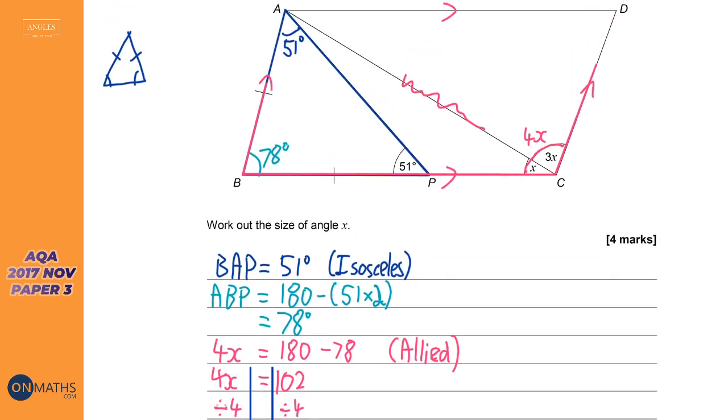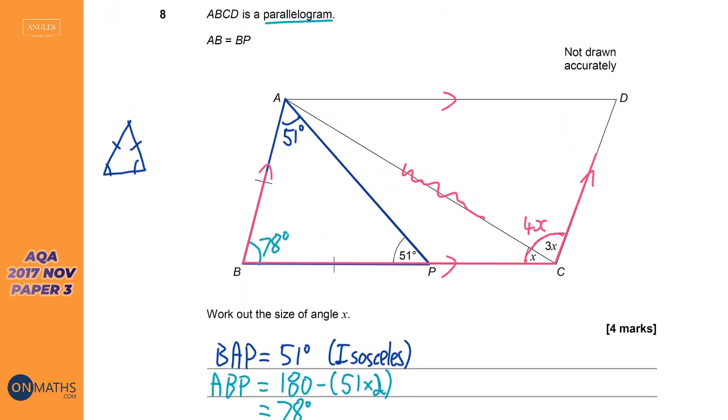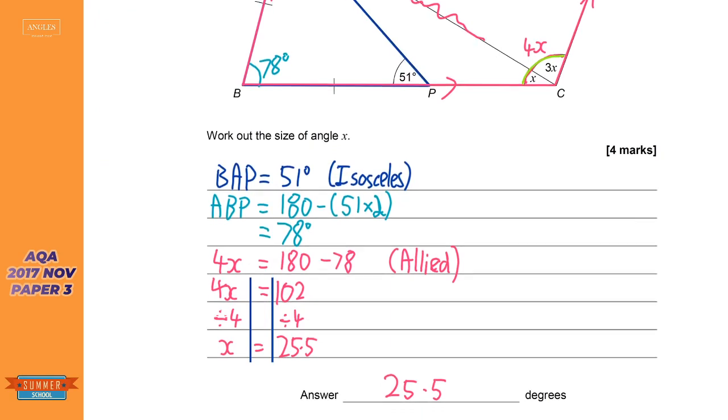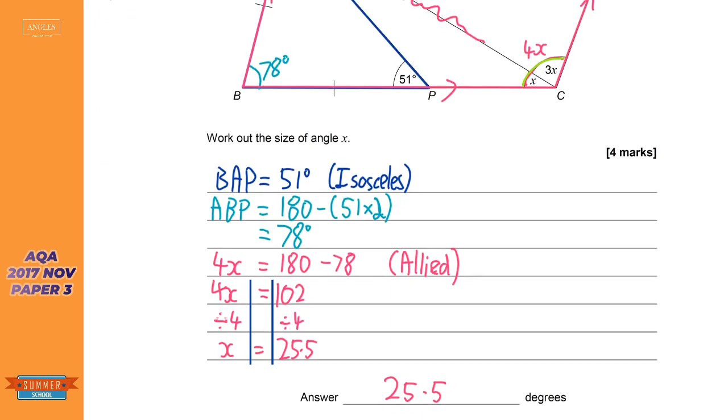And again, it's important to stress that there are a few different ways of working this out. Opposite angles in a parallelogram are equal, so you could have taken that approach, worked out this angle and got it equal to this angle, and that would be absolutely fine to do. That would work. And yeah, there's loads of different ways of working this out, but I think that the one I've chosen is probably the easiest, but I'll leave that up to you to decide.